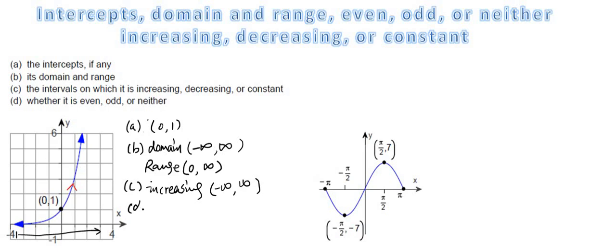Now we're gonna check whether this function is even, odd, or neither. For even, we don't see this curve is symmetric with respect to the y-axis. So that means it's not even. How about odd? We couldn't see this curve is symmetric with respect to the origin.